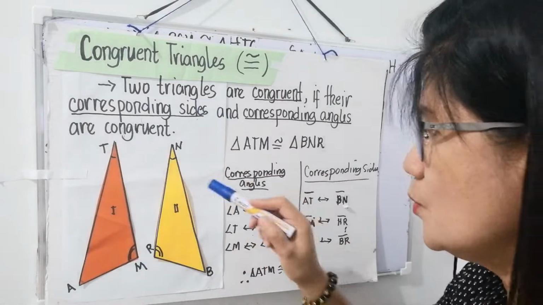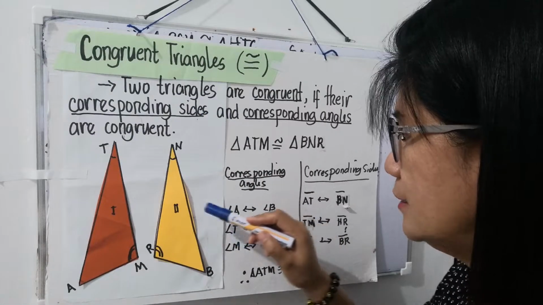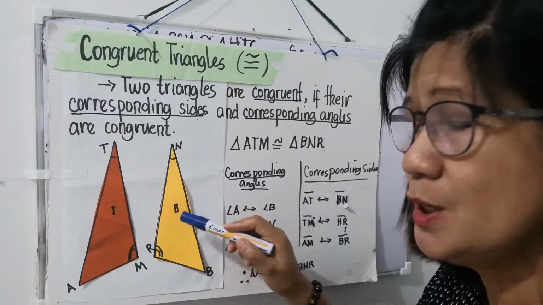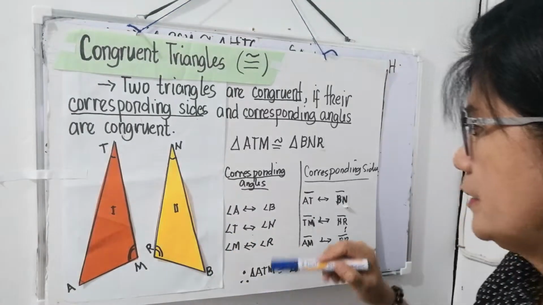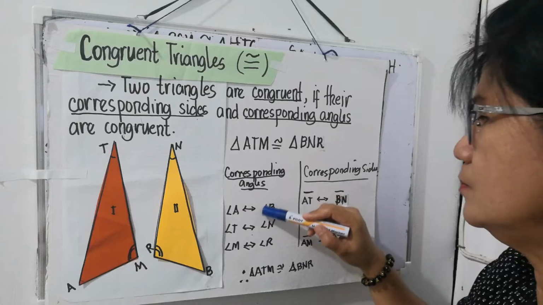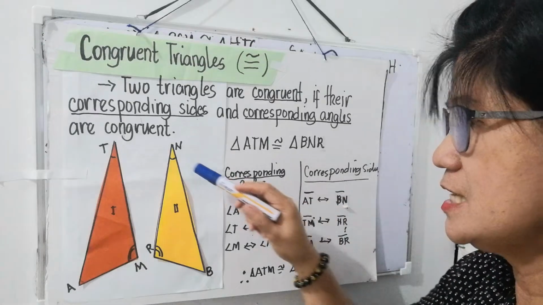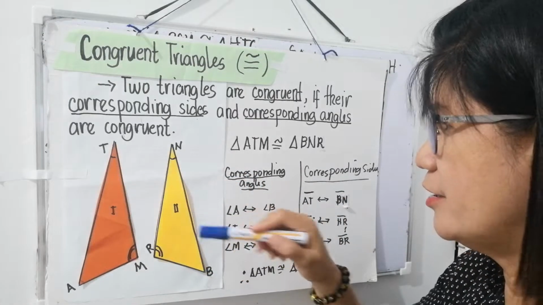So, kapag nahaluan mo ng iba, kumuha ka sa triangle 2, that is already wrong. At ito namang pangalawang column, lahat sila ay angles ni triangle BNR.